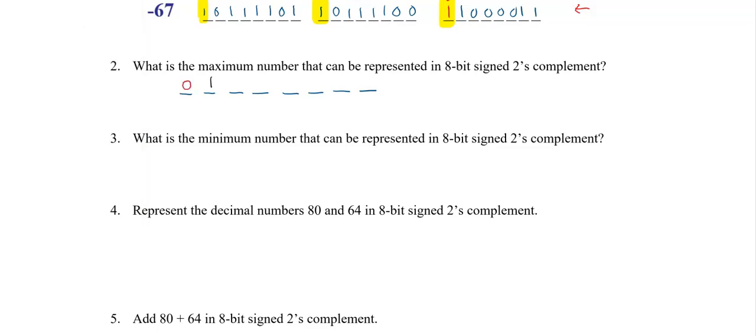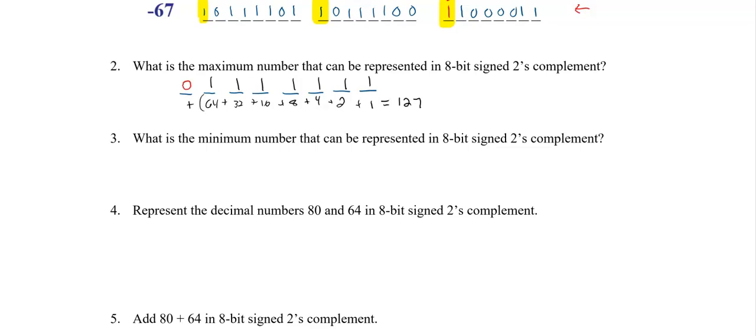Then all our other bits are going to be equal to a 1. So that's 1 plus 2 plus 4 plus 8 plus 16 plus 32 plus 64, which is equal to 127.